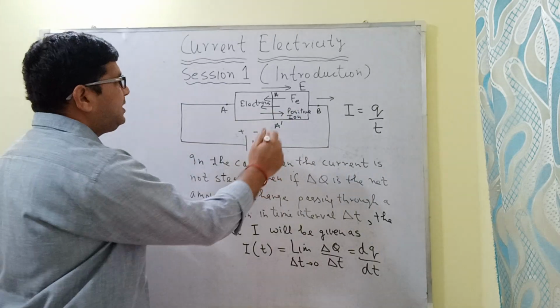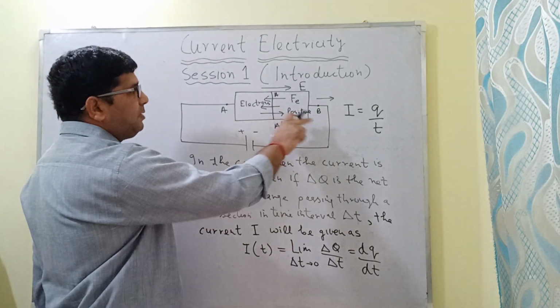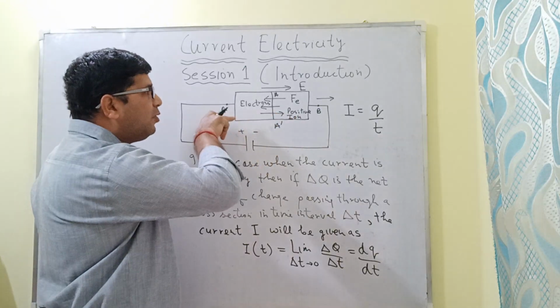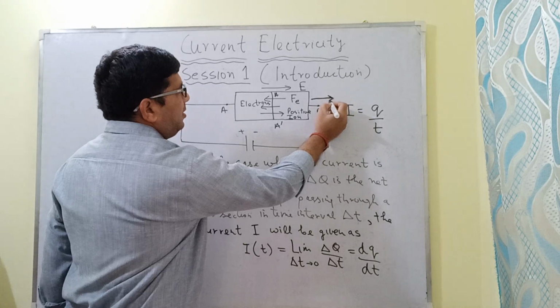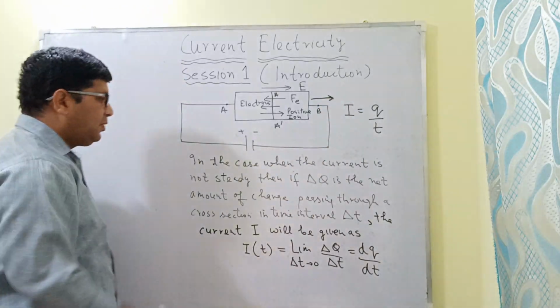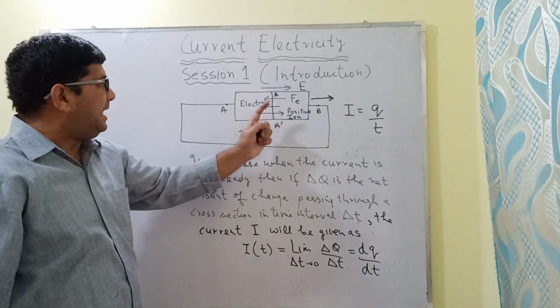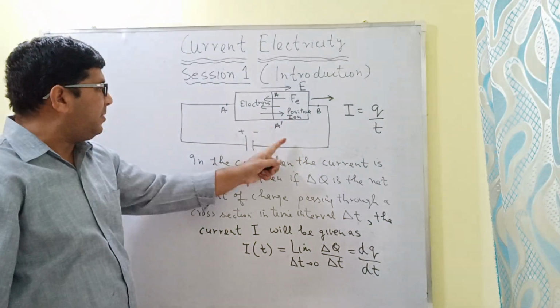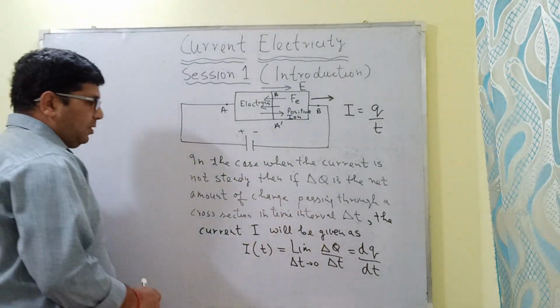So here in this case, the current is flowing in this direction because the positively charged ions are moving in this direction. The current always flows from a higher potential towards a lower potential, and the electrons flow from a lower potential to a higher potential.